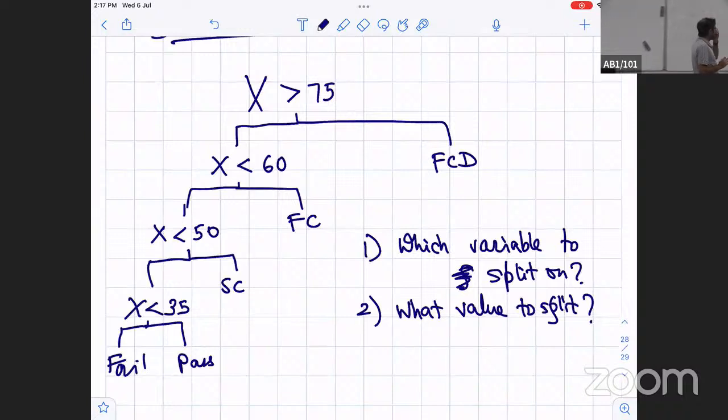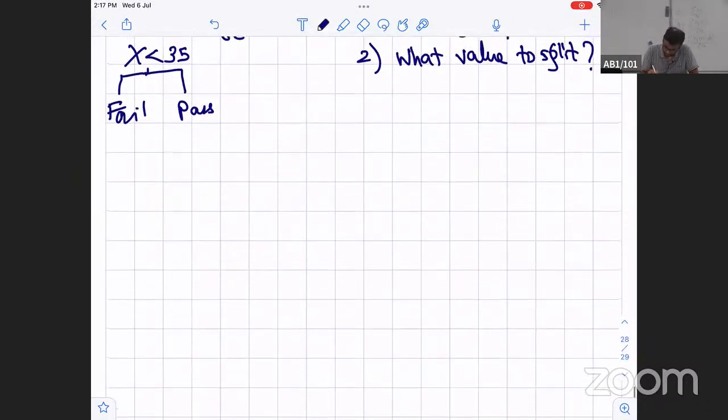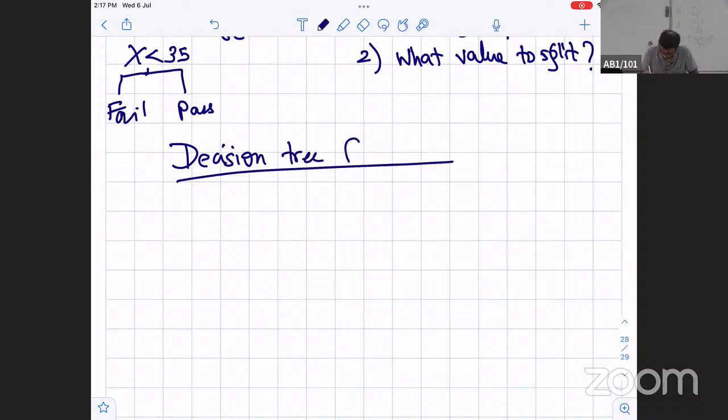First, let's look at decision trees for regression. Before that, so far everything is clear with decision trees, right? No confusions? Okay, so let's look at a decision tree of this form.